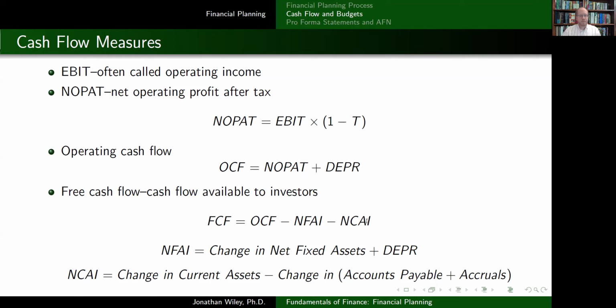So if we back up for a minute, I added back depreciation because it was non-cash. But the idea behind depreciation was it was trying to capture that my machinery is wearing out. And we know, just from reality, my machinery is wearing out. So I am going to have to put more money into things like my machinery because my machines are wearing out every year. So with my free cash flow, this is what's available to investors.